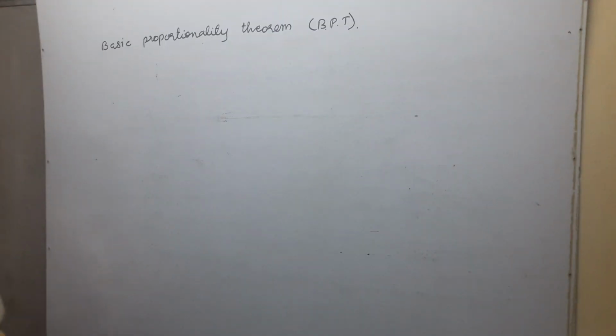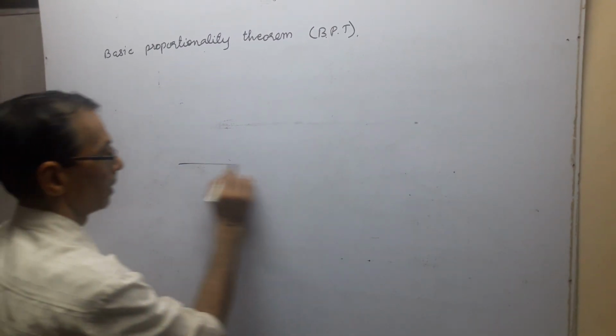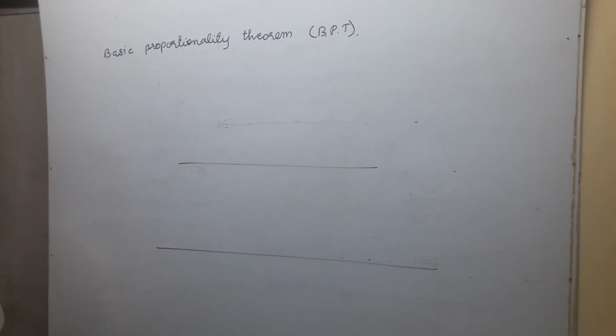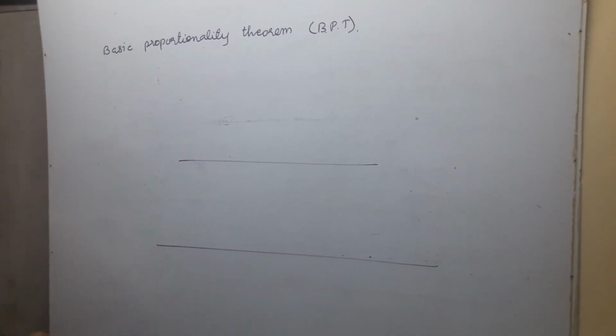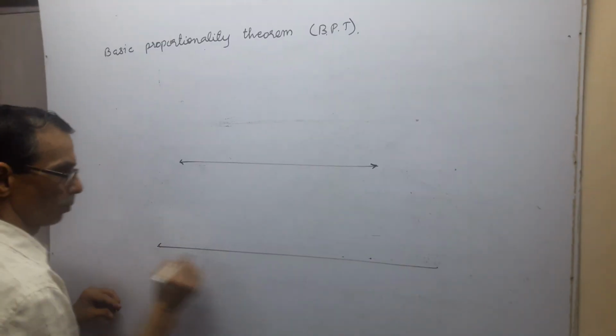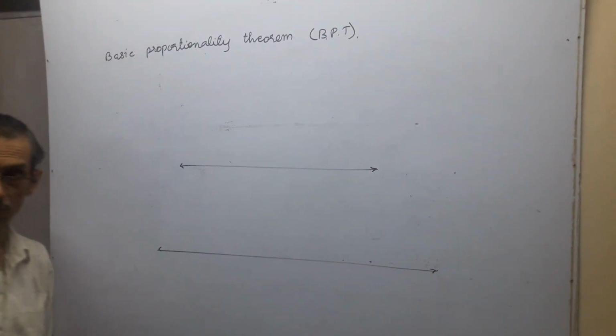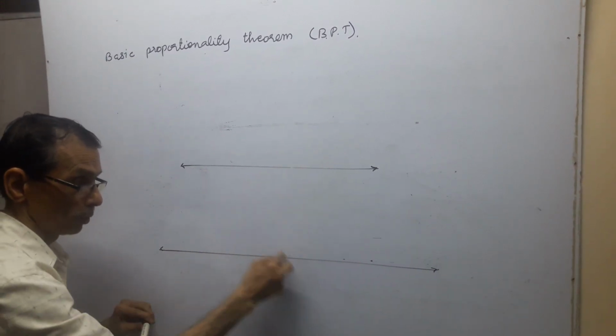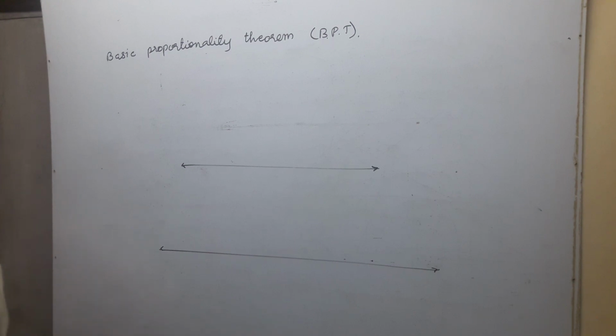Before I explain the BPT theorem, let me explain one thing. There are two parallel lines. Of course, when two lines are parallel, the distance between them is the same.